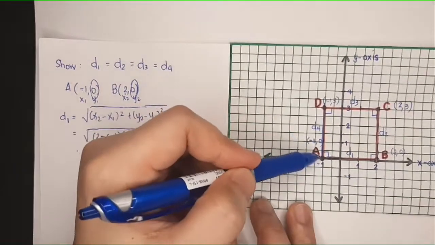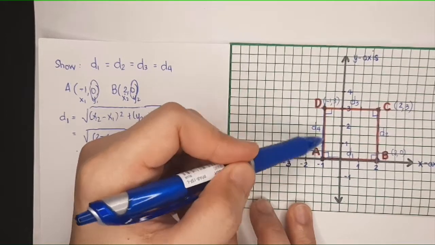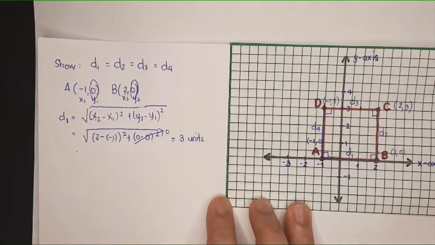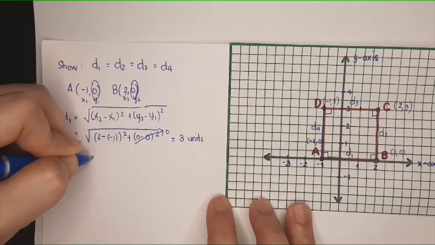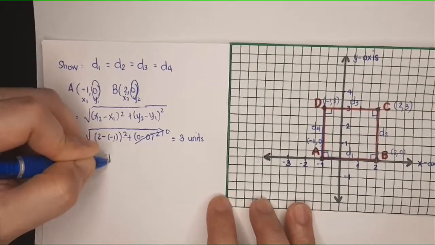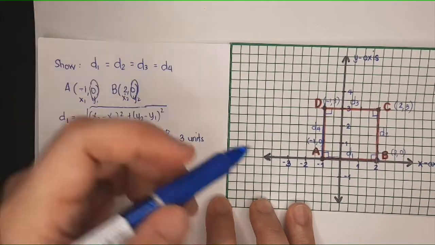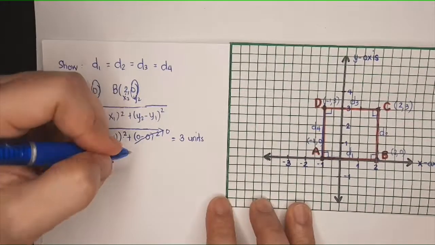By simple counting, we can show that the distance between any two given points there is 3. So please show that D2 is equal to 3 units, and this one, D4.